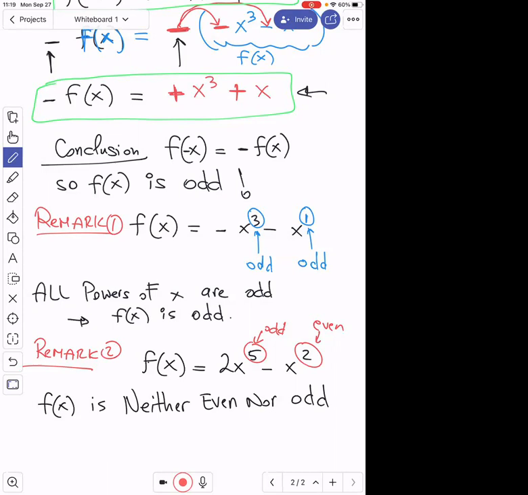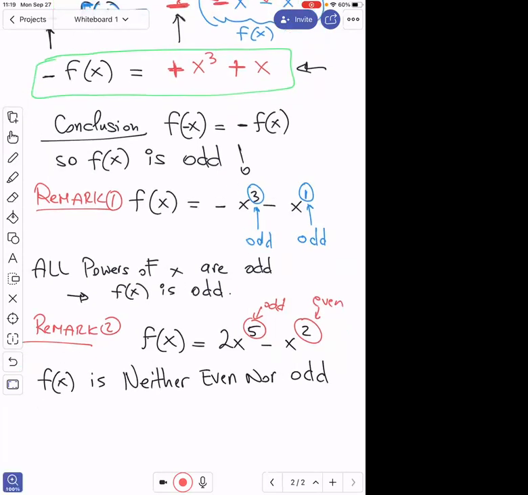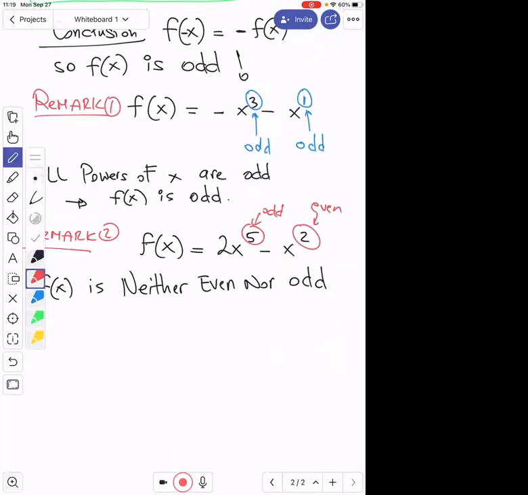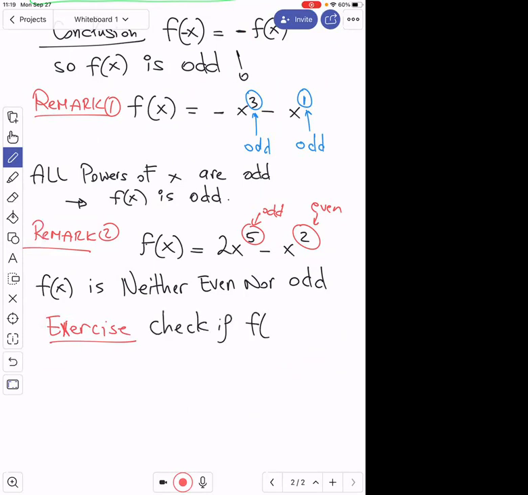All right, so let's do an exercise. Check if a function f is odd. So please check if it is odd.